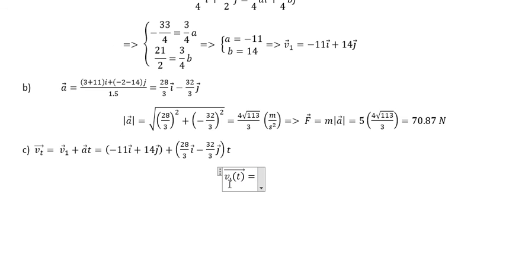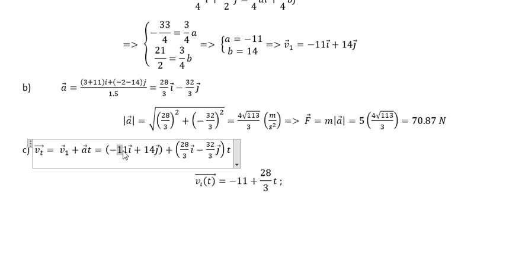For the i component, that's negative 11 plus 28 over 3 t. We follow the numbers in here, 11 and 28 over 3.